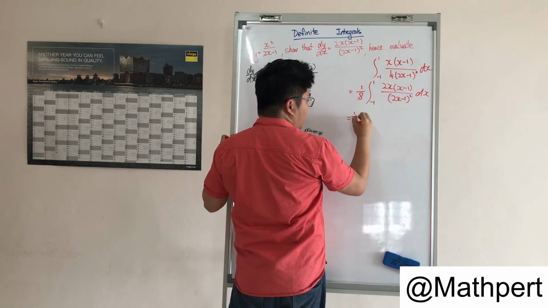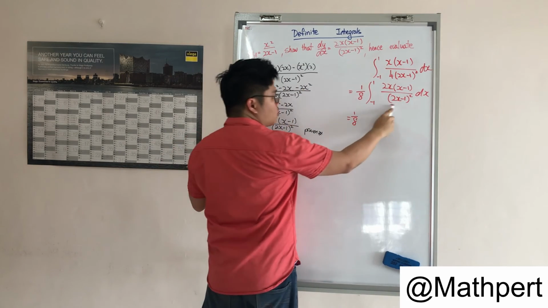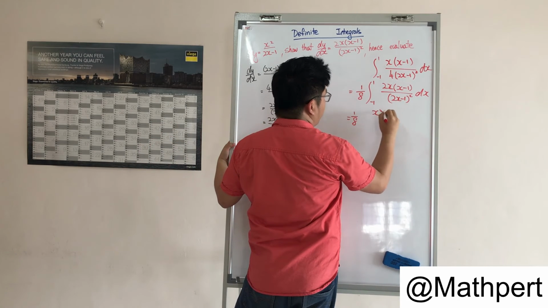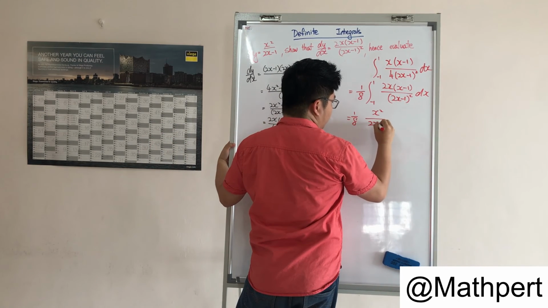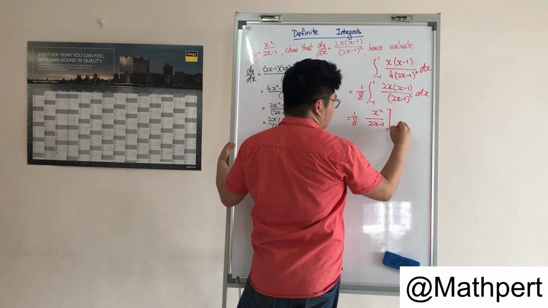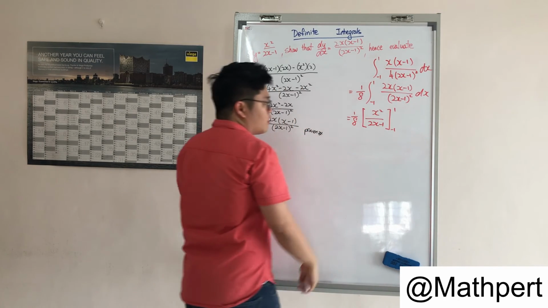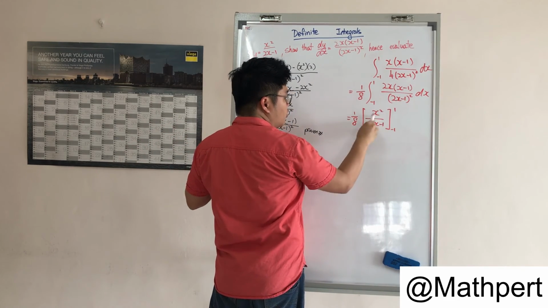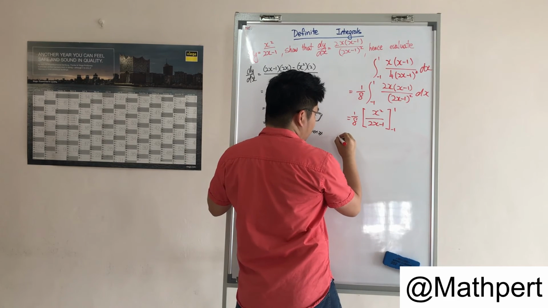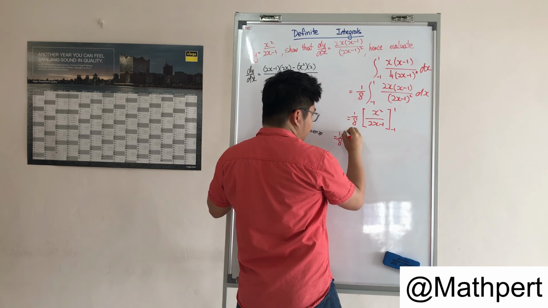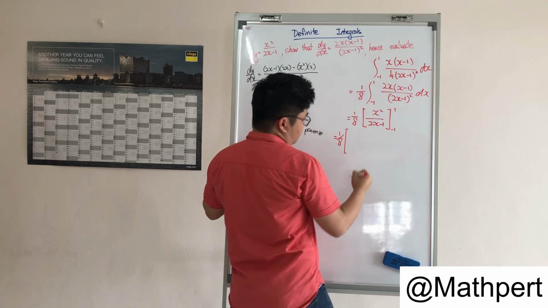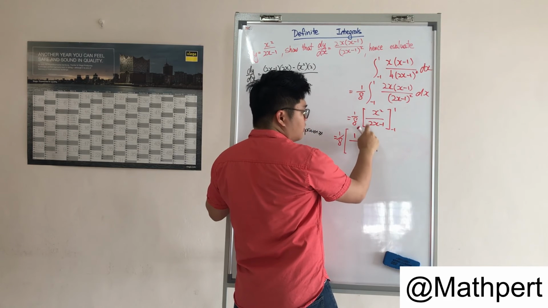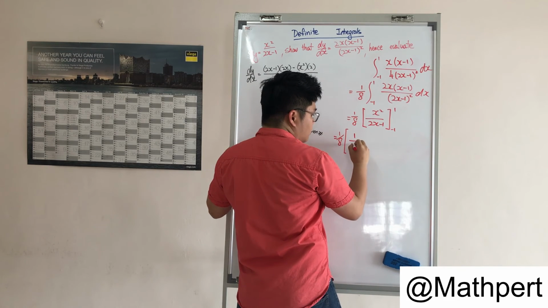Now, 1 over 8, integrate this one, meaning this one, we get this. So it's x squared over 2x minus 1, from minus 1 to 1. Got it? Then we substitute 1 and minus 1 into it. 1 over 8, 1 squared is 1. 2 minus 1 is 1.